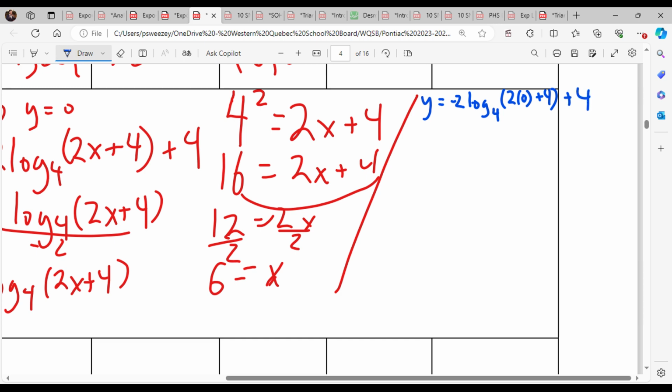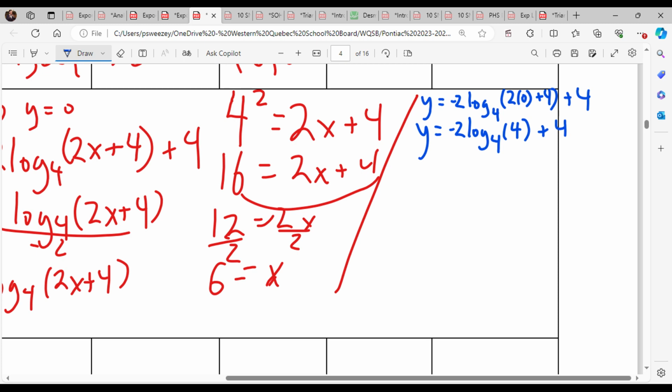Internally you still solve, but we're not going to have a negative value for the combo of bxh. So y is equal to negative 2 log 4, 0 plus 4 is 4, plus 4. Here's where it's nice that we did a little bit of the mental math. You can still do the long form, but this should come naturally to you.